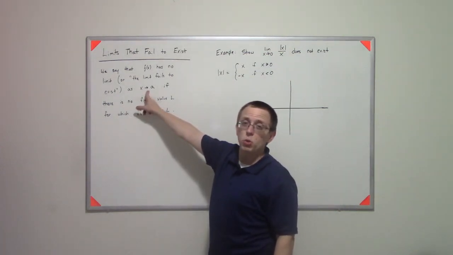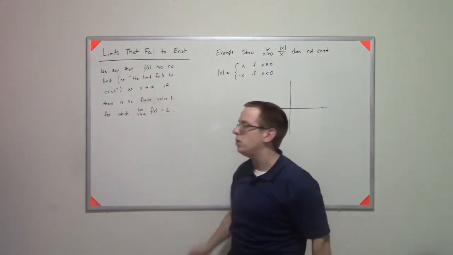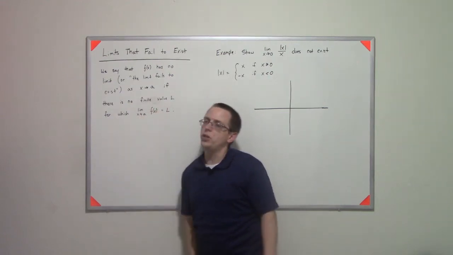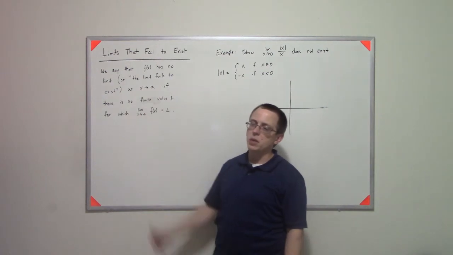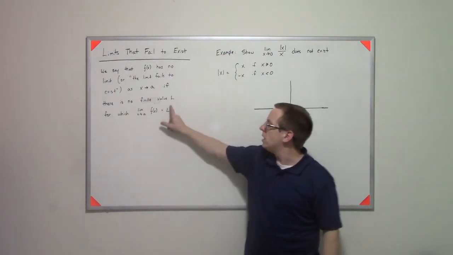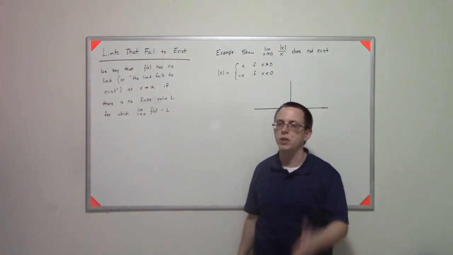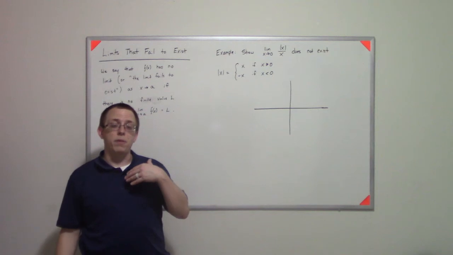I'm going to use this shorthand instead of writing out x approaches a, to get us used to that. If there's no finite value L for which the limit as x approaches a of f of x equals L, then the limit doesn't exist. Let's take a look at an example where that's true.